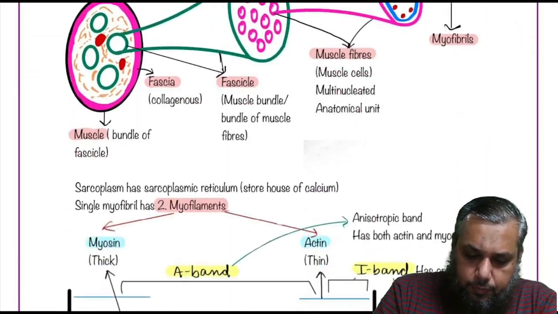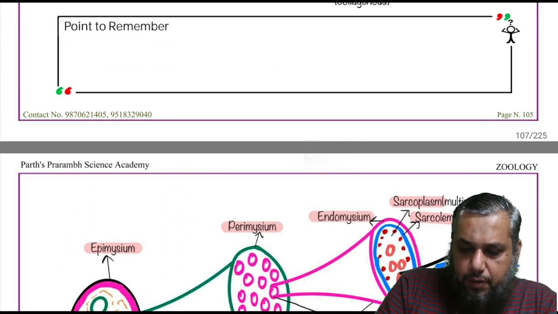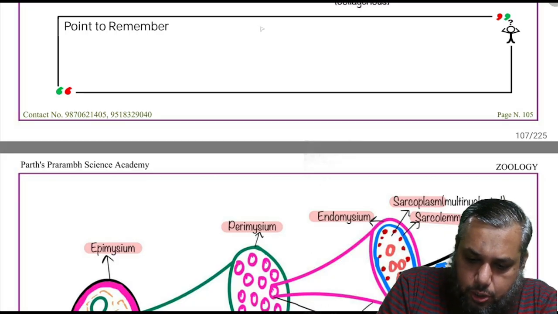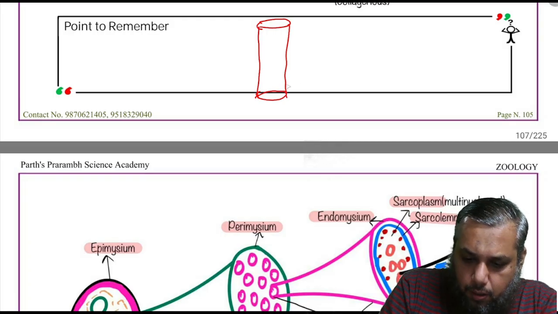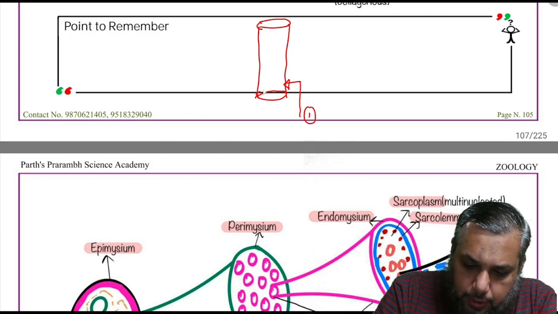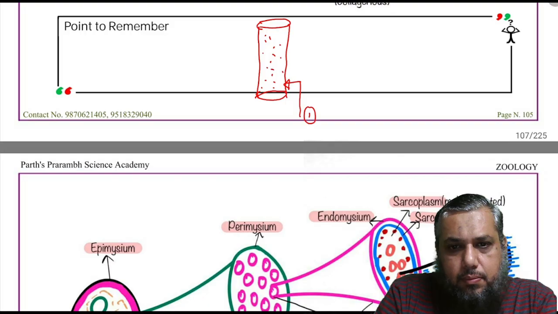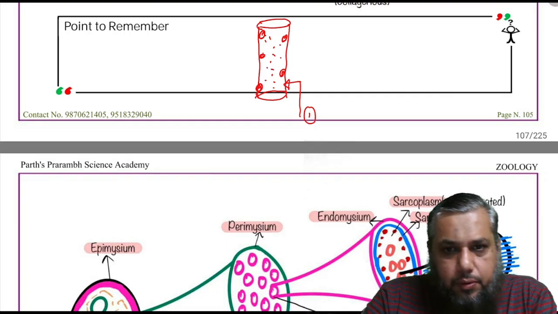So the skeletal muscles, as we have studied previously, they show the presence of the muscle cell, which is the muscle fiber, whose membrane is called as the sarcolemma. The cytoplasm is called as the sarcoplasm, and it shows the presence of multinucleate condition.